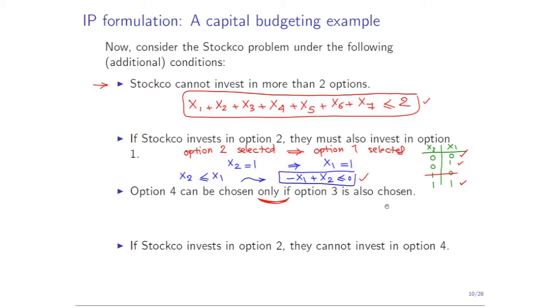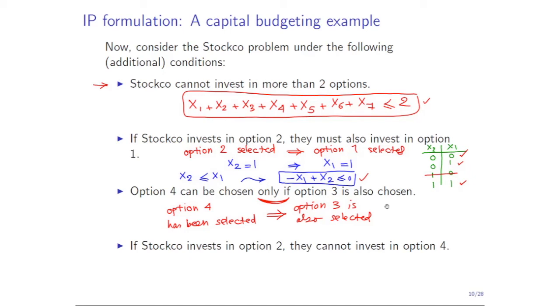Option 4 can be chosen only if option 3 is also chosen. It means that if you observe that option 4 has been selected, you can conclude that option 3 is also selected, because otherwise it is impossible.